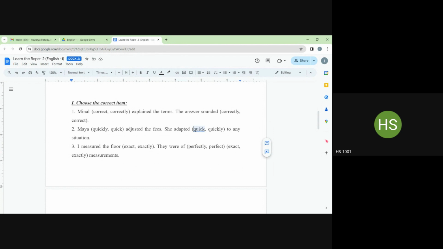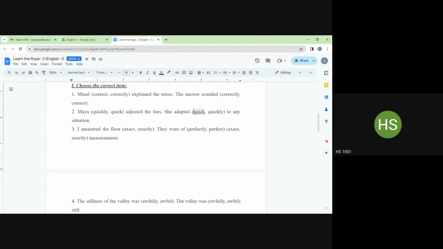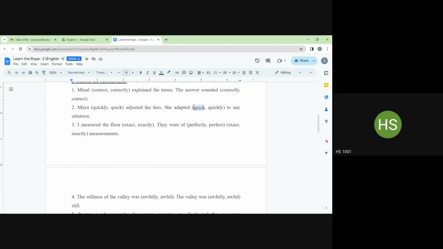So for that reason, in the second sentence, "she adapted quickly," because this answers the question how. Third one: "I measured the floor exactly." They were of perfectly or perfect, exact or exactly measurements. You have three brackets to choose from. What's the first one?